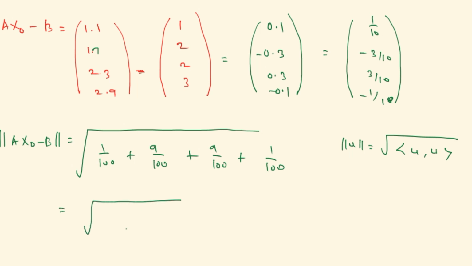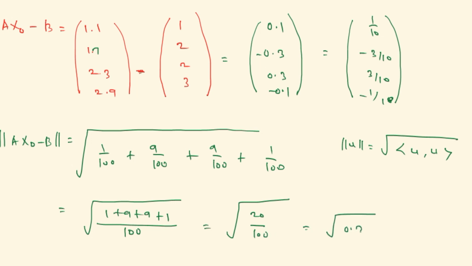So the square root, taking LCM 100, of 1 plus 9 plus 9 plus 1 equals 20 by 100, the root of 0.20, or the value 0.447. So compare these values: 0.447 is close to 0. So the equation we predicted is the best equation.